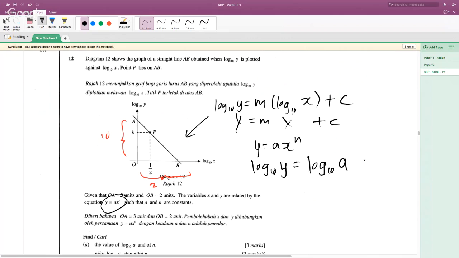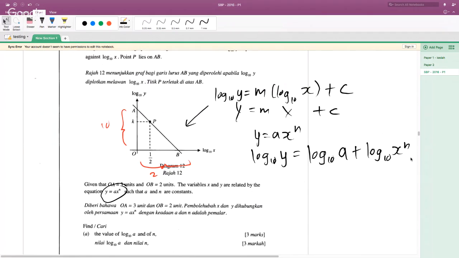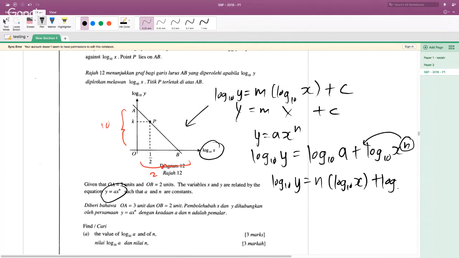This is multiply, so maybe I can separate them, meaning plus log 10 x to the power of n. Until this step, I want to rearrange, because my y equals to mx, right? So my log x is on the x position, so I rearrange. And I move n in front, becoming a multiplier, so it's n log 10x plus log 10a.